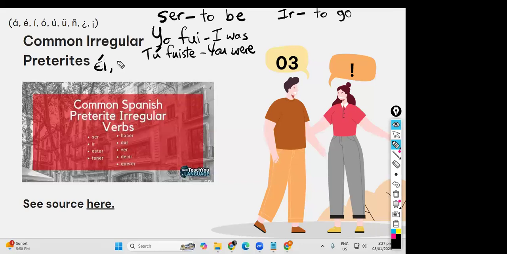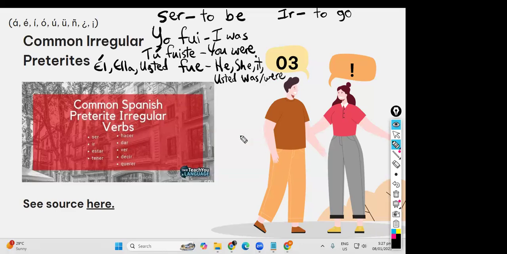Él, ella, usted, fue, right? He, she, it, usted, was, or would, right? Usted is you formal, right?